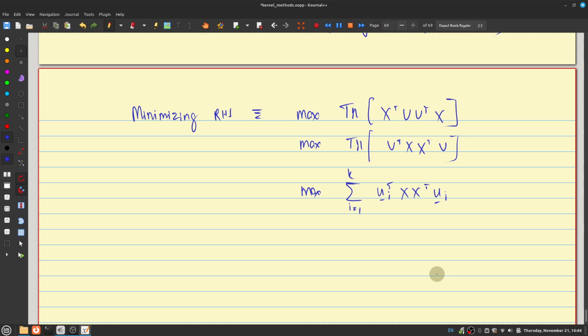Okay, the largest singular values of X by norm. Fine. So suppose that K is equal to 1, right? We're only looking at ui's with unit norm. So U transpose A U is maximum when you take U to be the eigenvector corresponding to the largest eigenvalue.